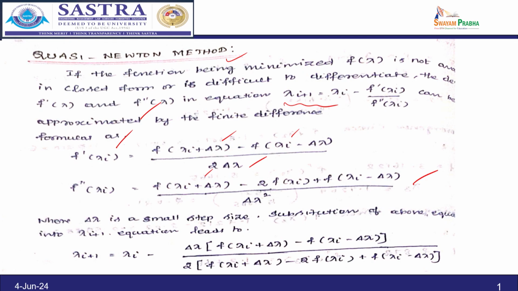That is the second derivative, where delta lambda is a small step size, and we substitute the above equation into the lambda suffix i plus 1 equation.